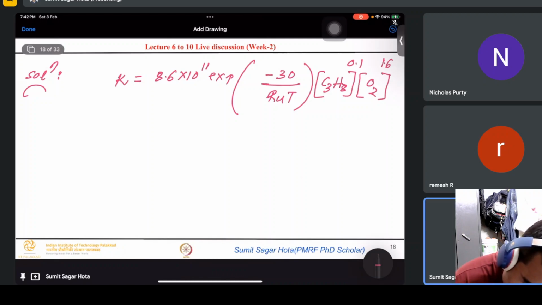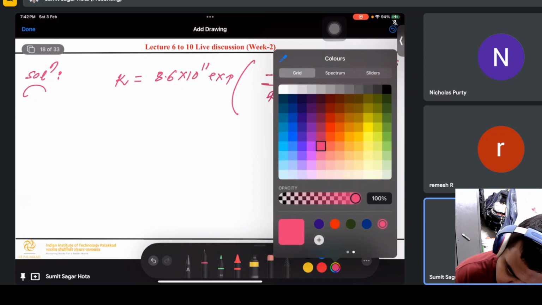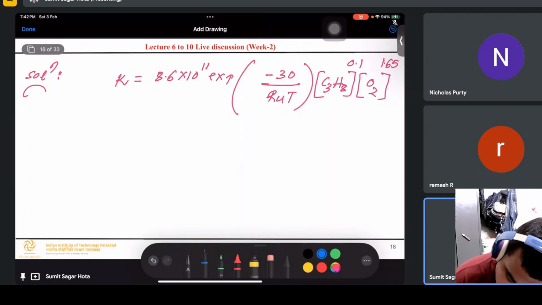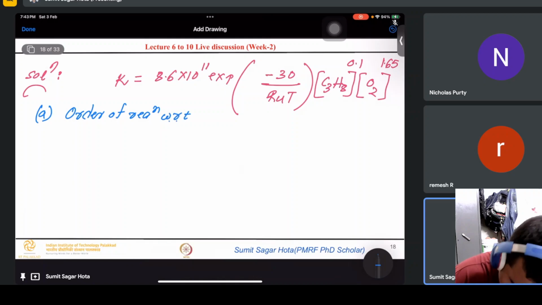What is the order of reaction with respect to... what is the power?